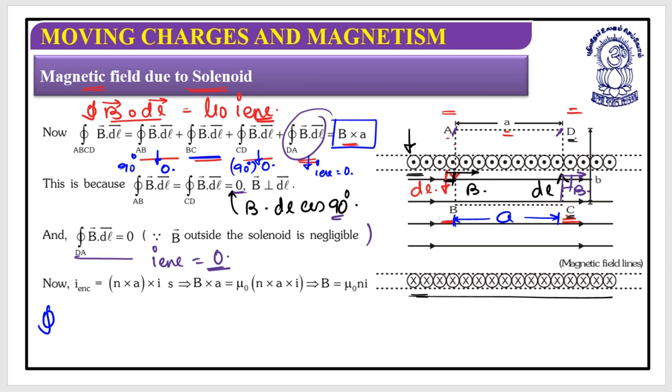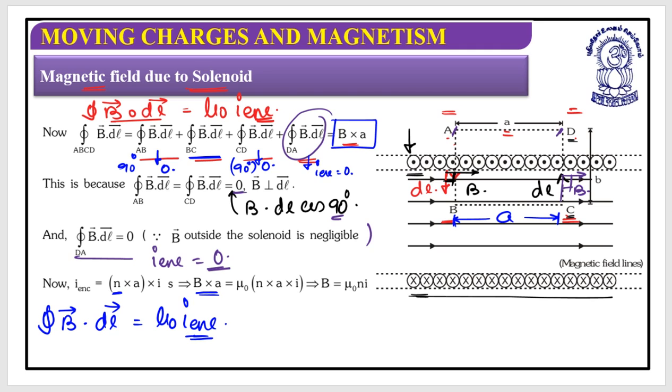The line integral of B dot dl should be equal to mu naught times I enclosed. The line integral of B dot dl has a value of B into A. Now I need to write down the I enclosed. How should I write this?